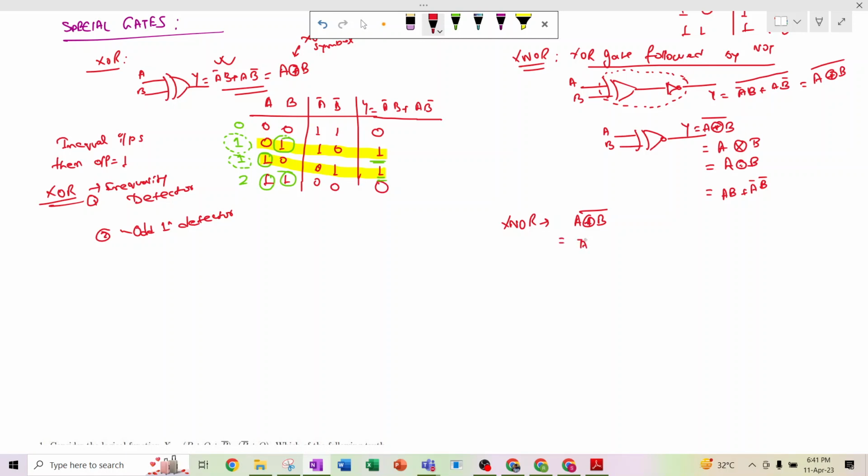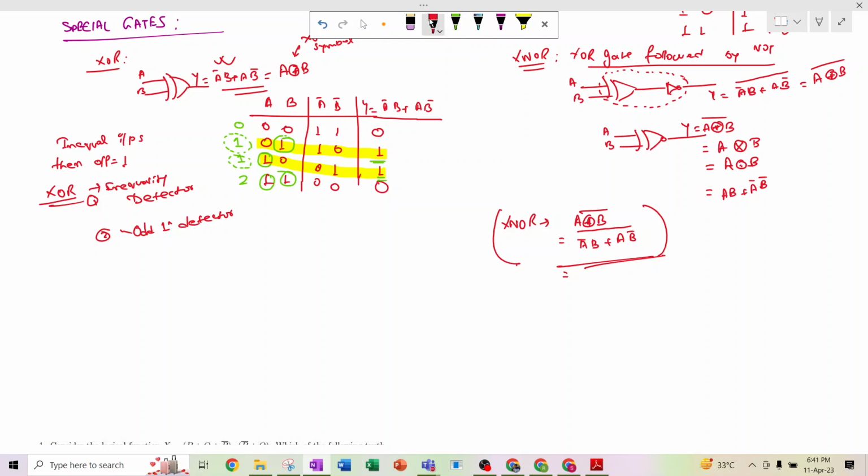That means A bar B plus A B bar, this whole bar. Using De Morgan's law, which is another law, I will discuss it. Better I will discuss De Morgan's law first, and then I will write this equation and show how we can get the XNOR expression. So I have discussed the special gates.